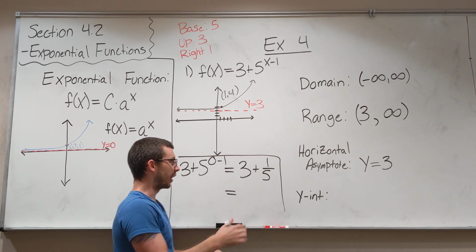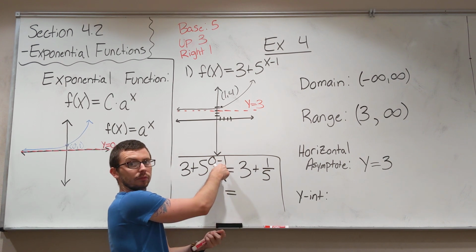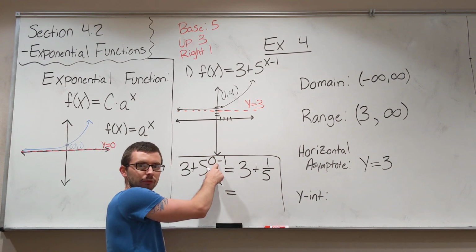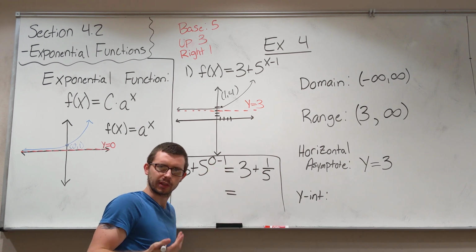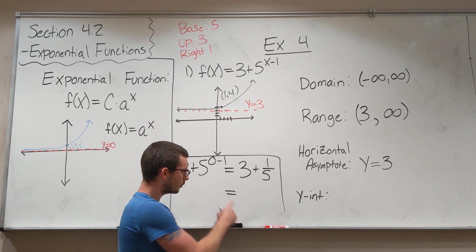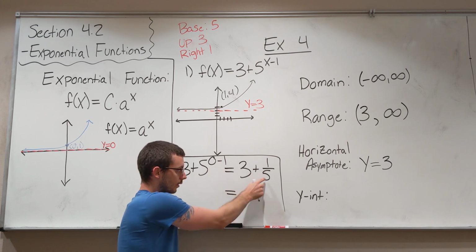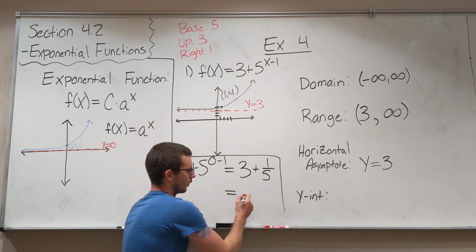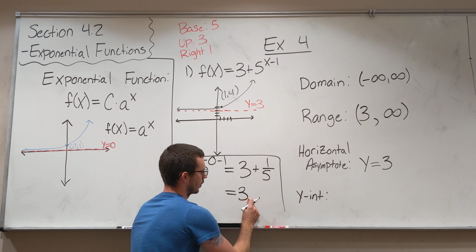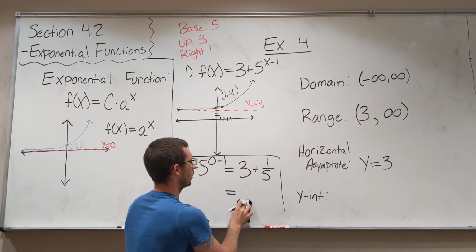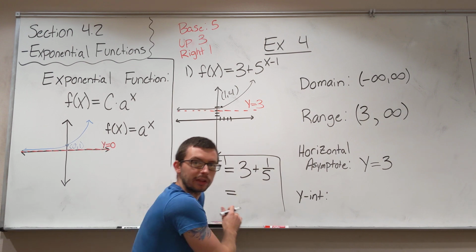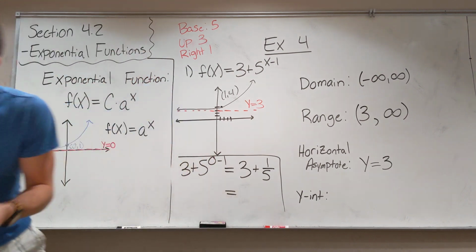And the reason I emphasize that, 0 minus 1 is negative 1. 5 to the negative 1, that's something we just learned at the beginning of this section, means you flip the base, as we did here. And actually, they will probably want a fraction as an answer.